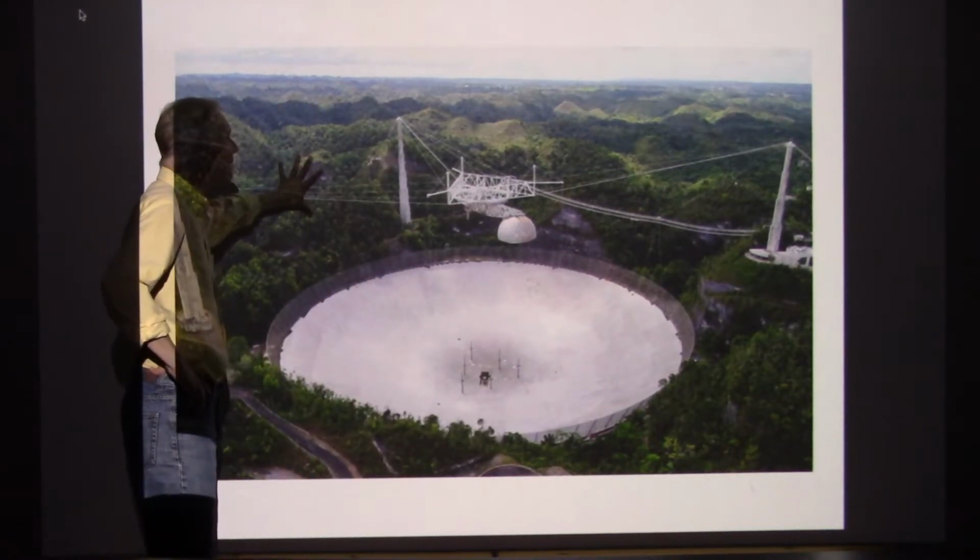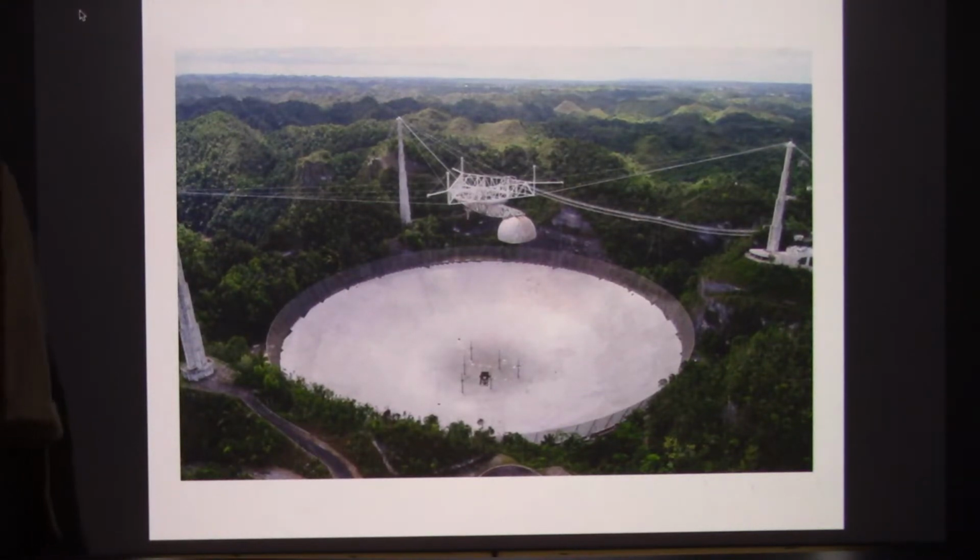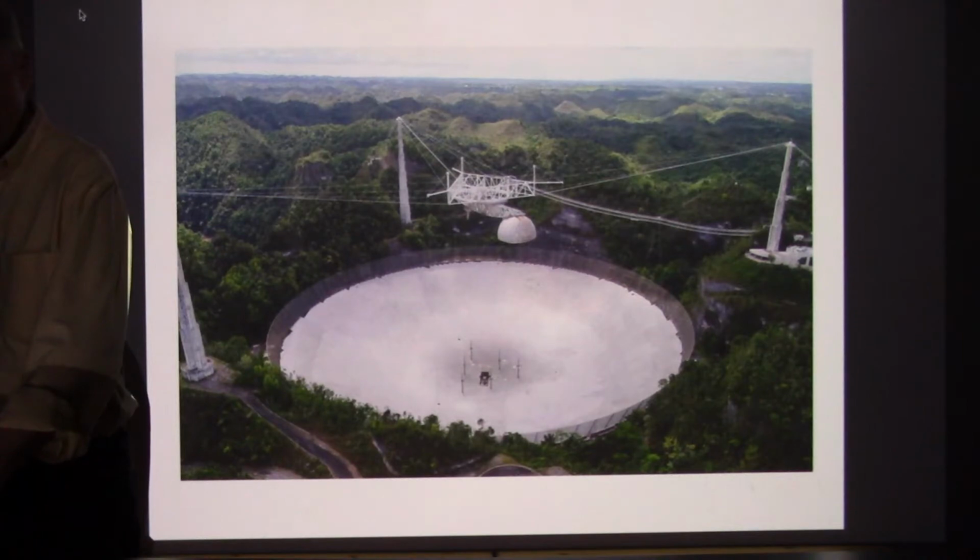The cables were failing. They applied for more funding, they didn't get it, and it was allowed to crash down onto the disk. It could be rebuilt at some point, but I think for now this telescope, unfortunately, has been abandoned.